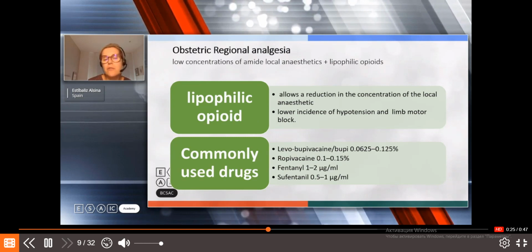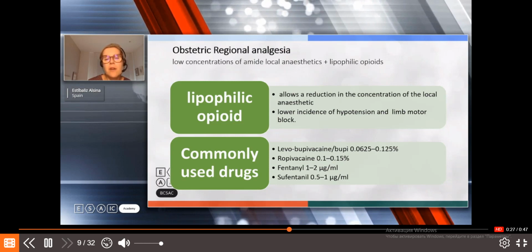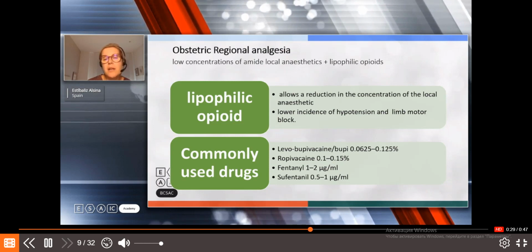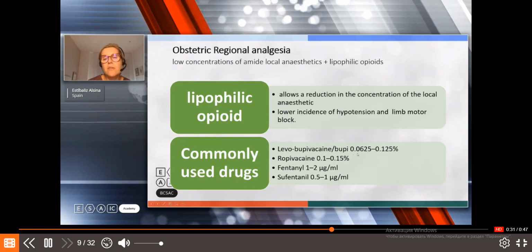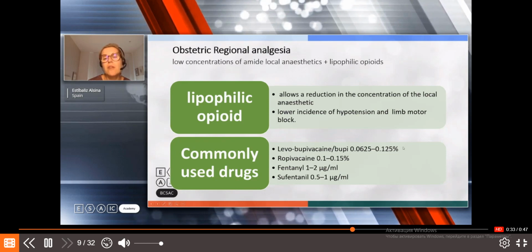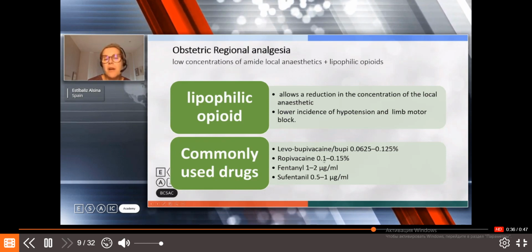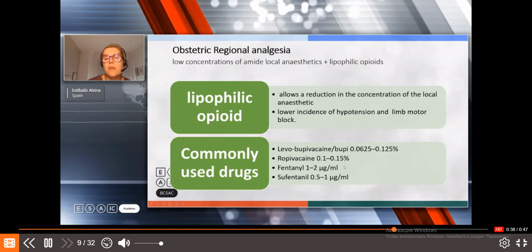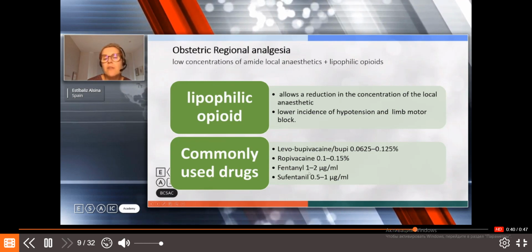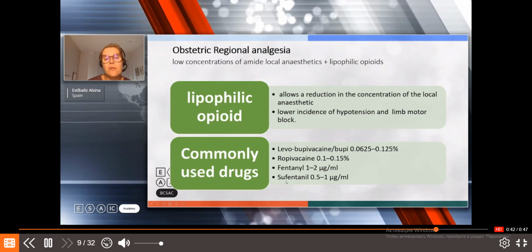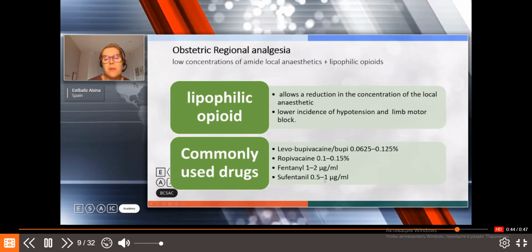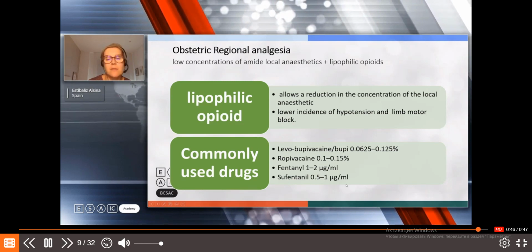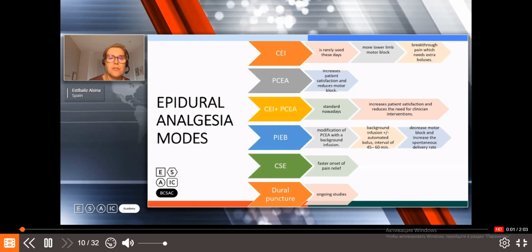The commonly used drugs during labor are levobupivacaine or bupivacaine at low concentration, 0.0625 or 0.1, ropivacaine 0.1 or 0.15, fentanyl 1 to 2 micrograms per milliliter, or sufentanil 0.5 to 1 micrograms per milliliter in the mixture.